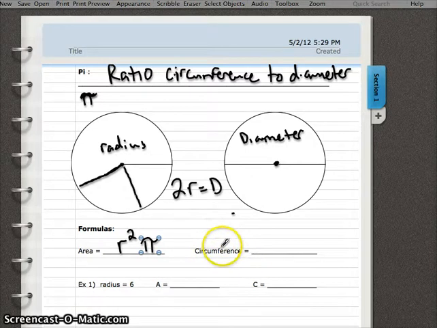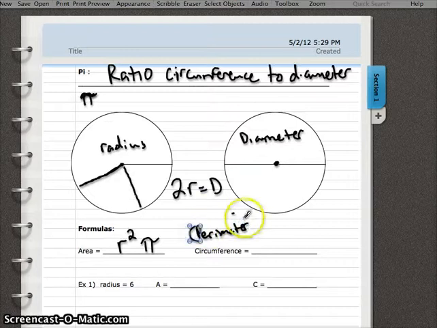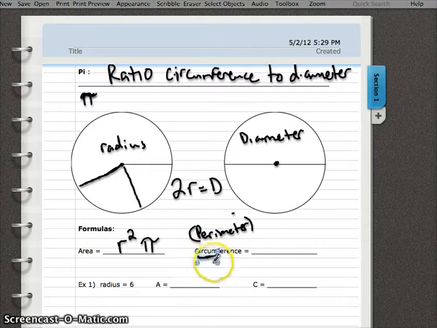To find the circumference, and circumference means basically the perimeter of the circle. It's a fancy way of saying perimeter of a circle. Circum, this prefix right here, means around or the outside of something. And so circumference is talking about the distance around a circle. Or you can think of it as the perimeter of the circle, the distance around it.